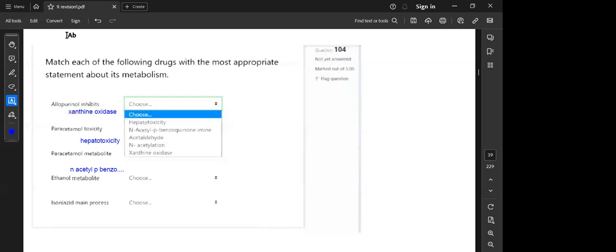I don't know for the last two. Ethanol metabolites, that's acetaldehyde. The other one is N-acetylation.